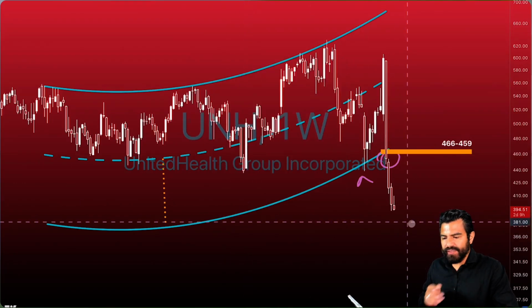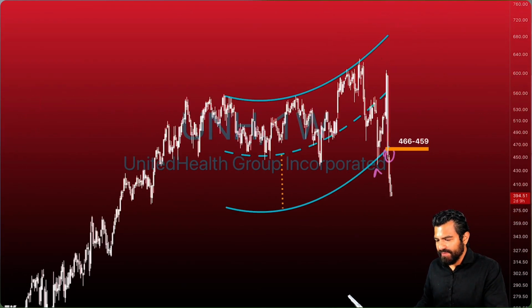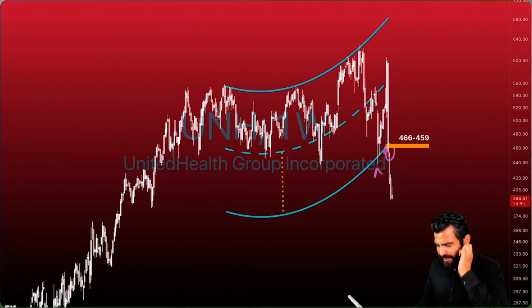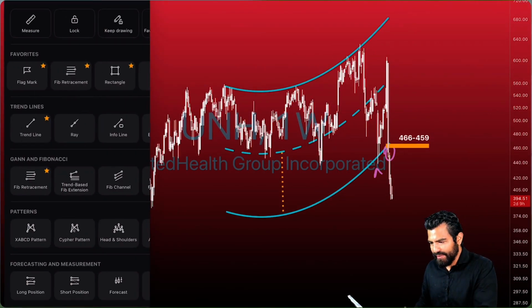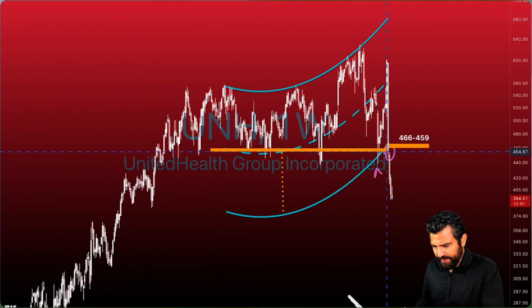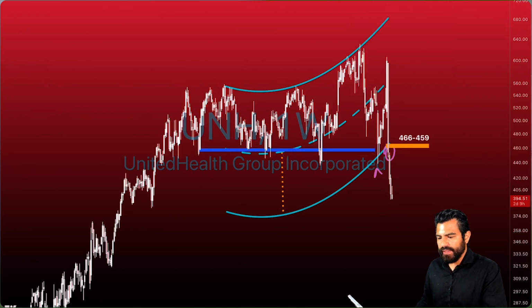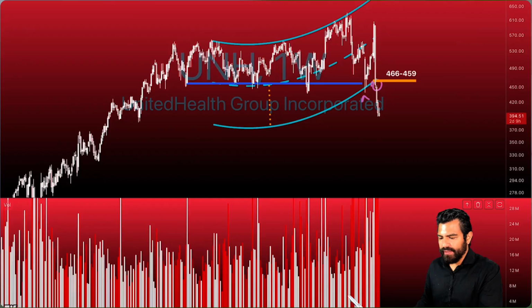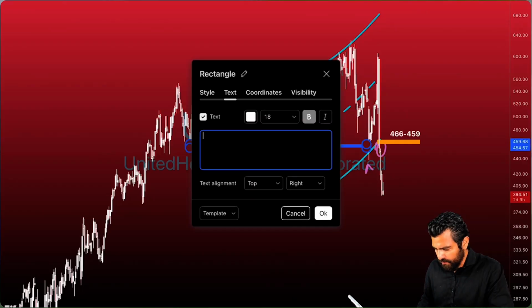So if price comes back up, I don't know if I'm going to be looking for a full recovery. In addition to all of that, the flat is right there as well. So even though we fell pretty far, I don't think this is really going to recover in the way that we're probably going to be expecting. 459 to 454.